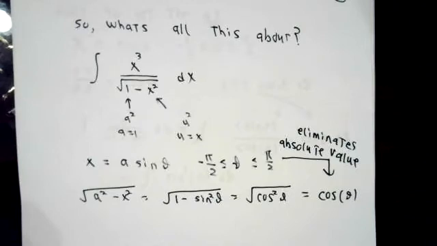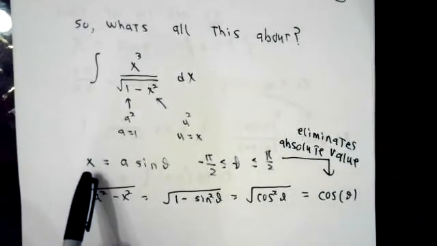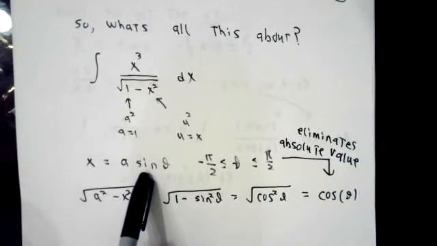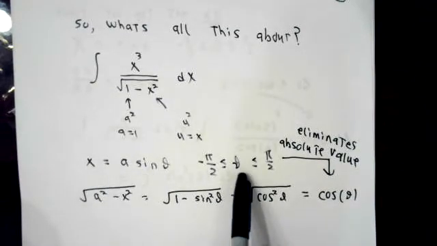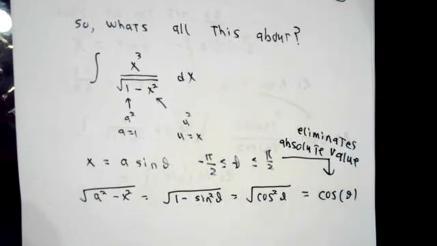U and x are the same thing here. So I'm going to let x equal a sine theta, where theta is between negative pi over 2 and positive pi over 2. And as I keep saying, that's important because at the end, it's going to let us undo this sine function with the arcsine function.